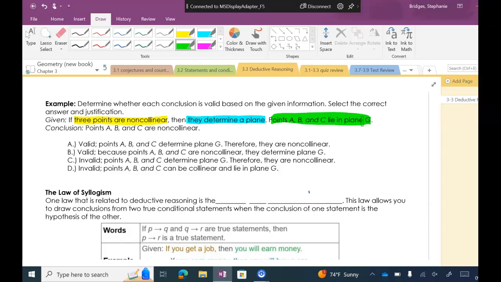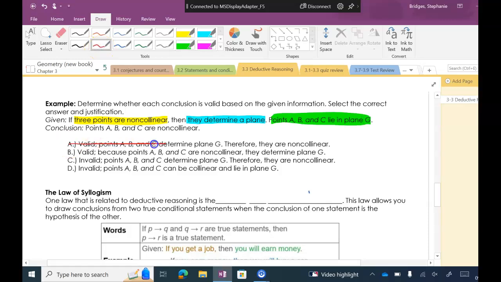We just have to decide why. So how many options do you have for invalid? How many options in those answer choices do you have that say invalid? Two. We have to figure out which one of those is the correct one.